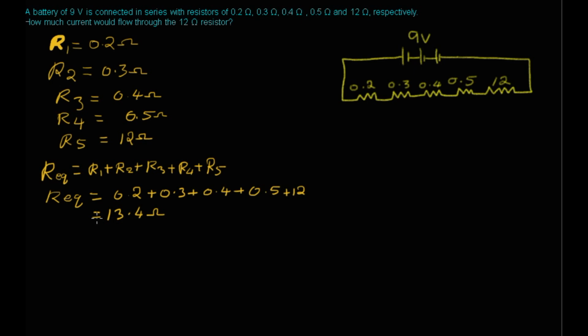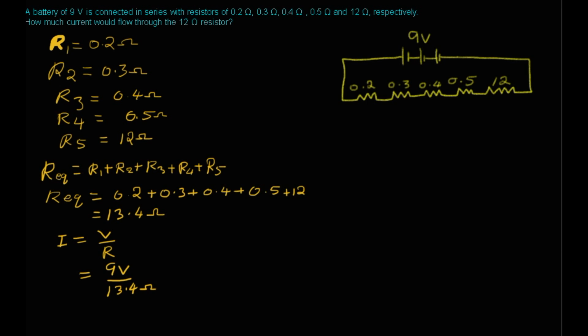13.4 ohm is the total resistance in the circuit, and the potential is given as 9 volt, so we can find the current in the circuit from Ohm's law, I equals V upon R. That is 9 volt, the battery voltage, divided by the total resistance 13.4 ohm.